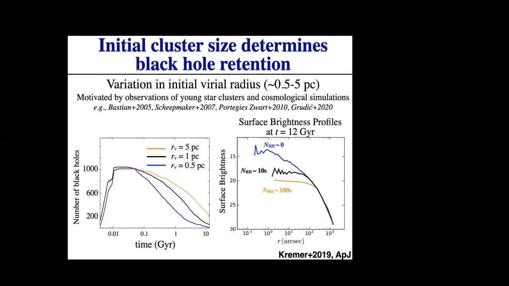Well, I guess what I meant is observationally, you go to higher mass clusters. Do they tend to have faster or slower relaxation? Slower. So higher mass clusters have generally longer relaxation times. So it's harder to eject all of the black holes, for instance, in a more massive cluster than it is in a lower mass cluster.